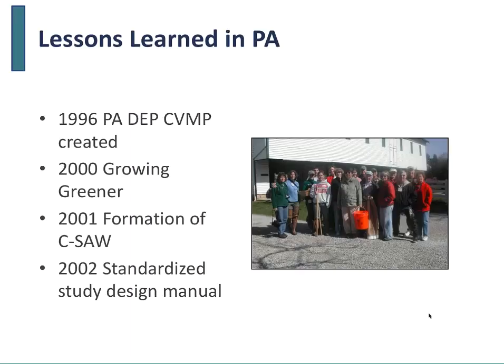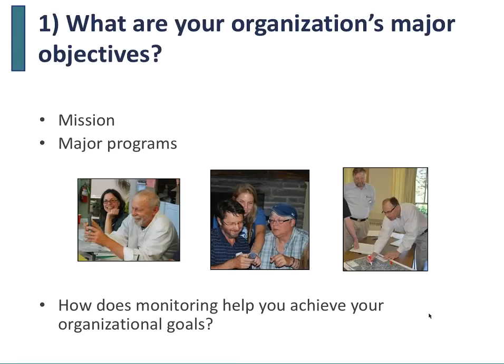So it's always important to think through these steps. So let's dive into the steps. Again, study design is one of these great examples of starting strong with volunteer monitoring. The first thing ALLARM does when we work with a new group is to sit down and talk about the organization's major objectives.